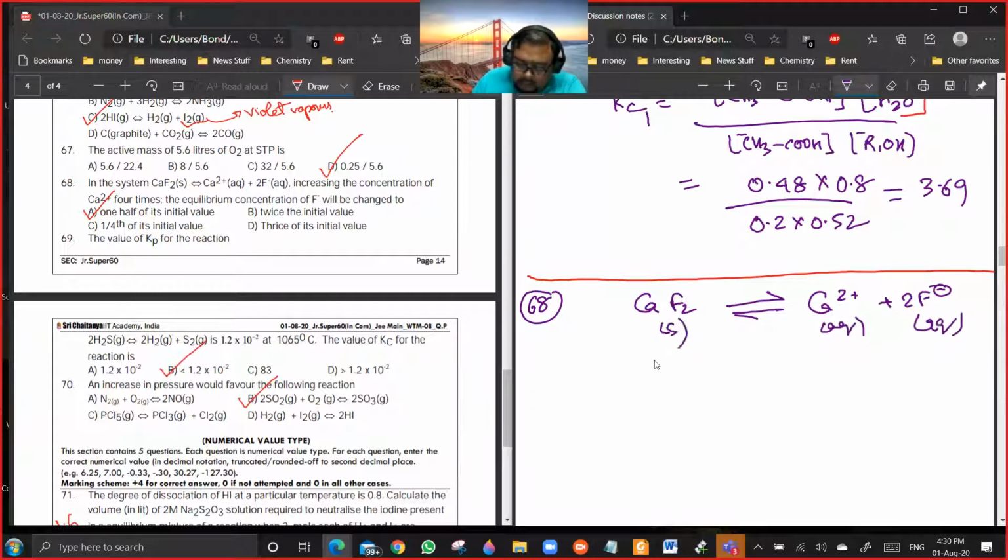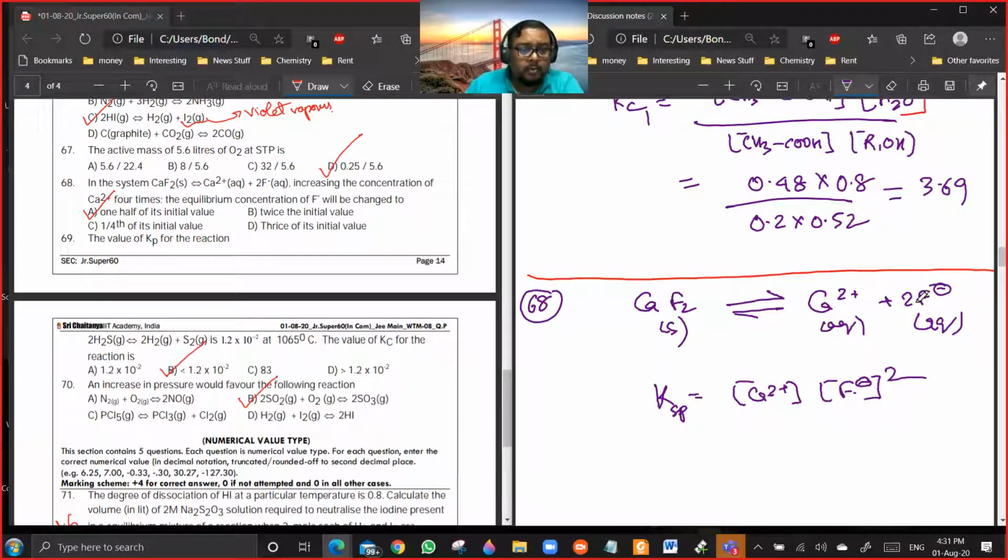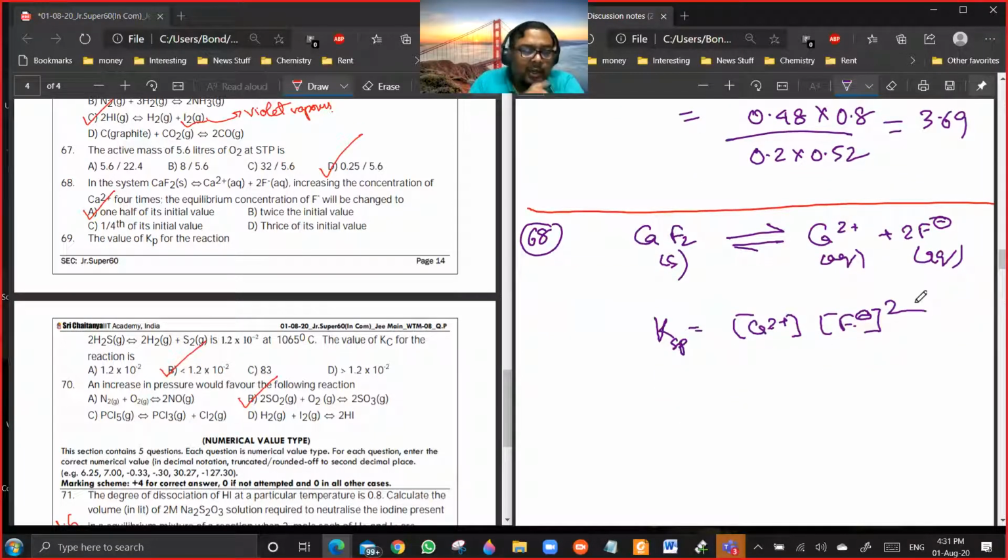This is solid. So you see K for this reaction will be simply calcium 2+ into F- square, and we call it a solubility product. We'll be discussing it in ionic equilibrium. So let us say that its concentration at equilibrium is X.